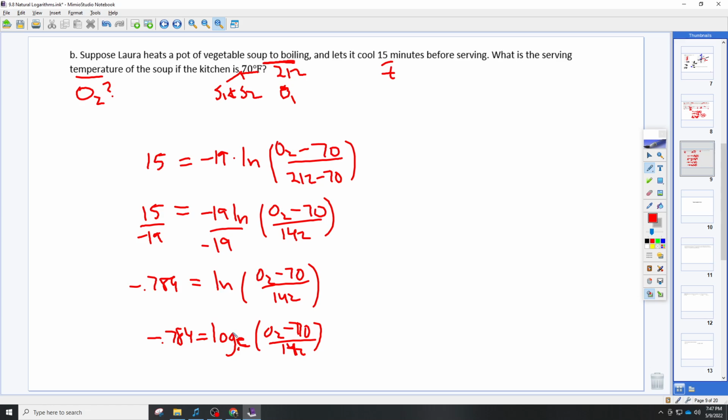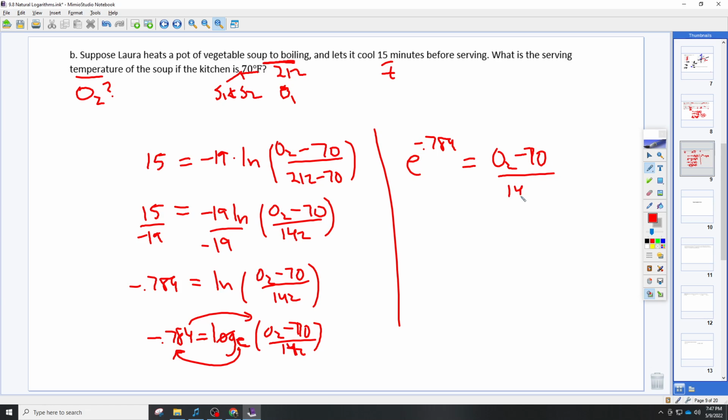E is our base. To get rid of log, go e to the exponent equals that mess here. So something that's kind of tough. We're going to go e to the negative 0.784 equals the O2 minus 70 all over 142. Let's figure out what e to the negative 0.784 is.